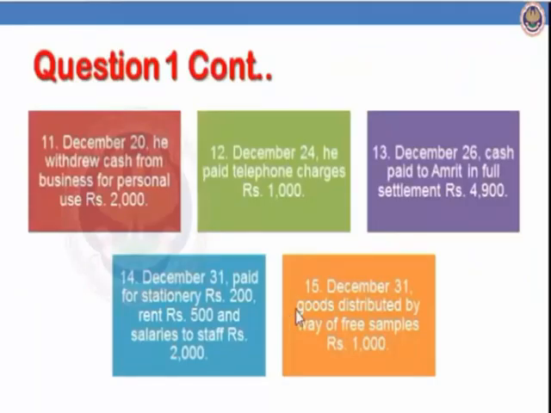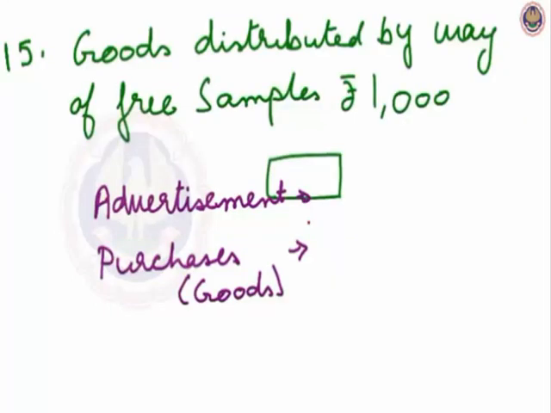Let us see the 15th transaction. On December 31st, goods distributed by way of free samples, rupees 1000. In case of 15th transaction, goods distributed by way of free samples, 1000. So when we give the free samples, it is for the sake of advertisement.